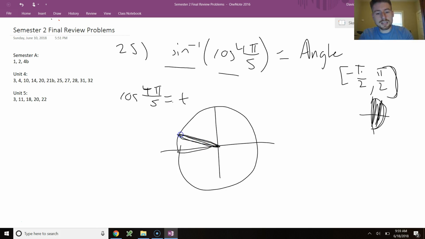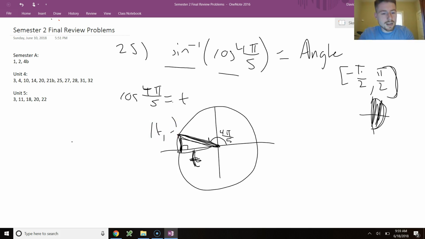I just basically need to know the quadrant. So there's my 4 pi over 5 angle, and that tells me that this is t. So the x coordinate is t. I don't care what that value is.